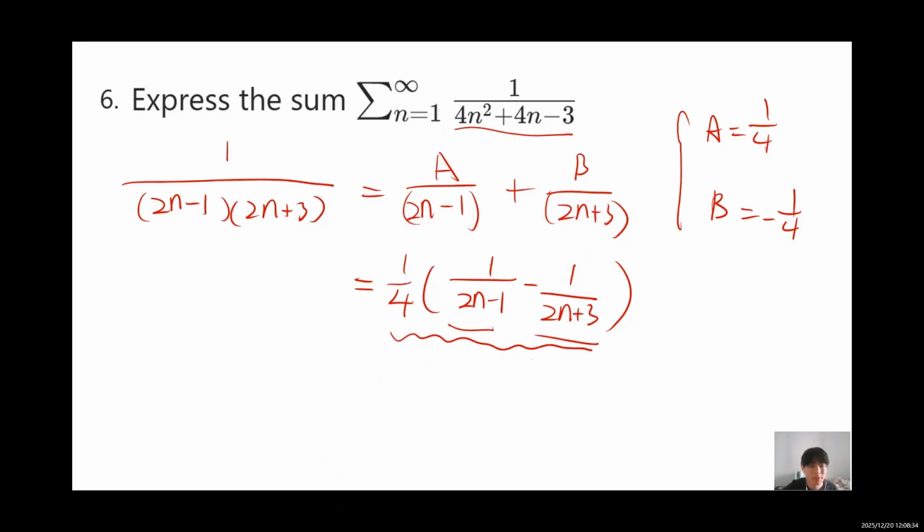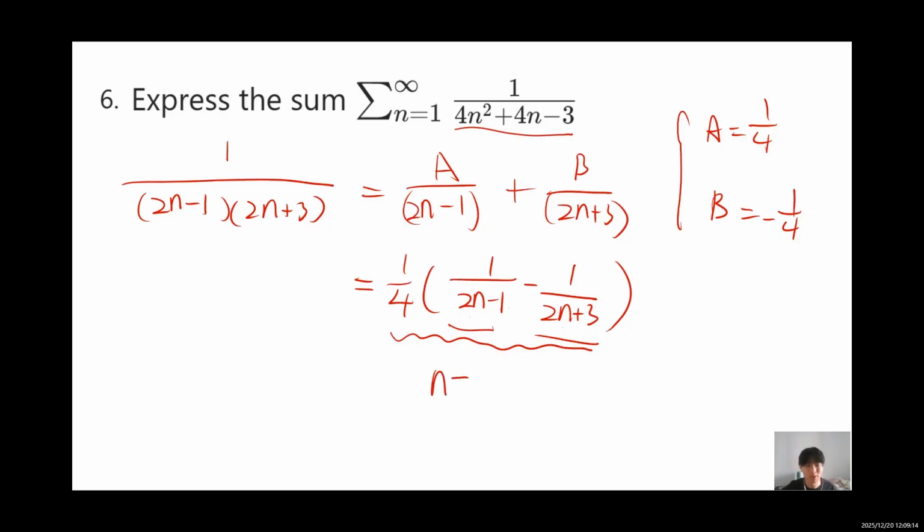I have said that if it illustrates the relationship between the previous term and the next term, it can cancel anyway, because you can minus this and add this back later. So let's see whether this expression can do that.